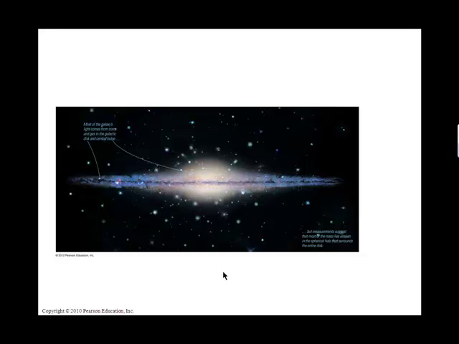And so you can see the nuclear bulge. And actually we are about right here, about 27,000 light years from the galactic center. Based upon the motion of our star, the sun, as it moves about the center of our galaxy, we know that within our star's orbit there is a lot of mass, about 1 × 10 to the 11th solar masses.